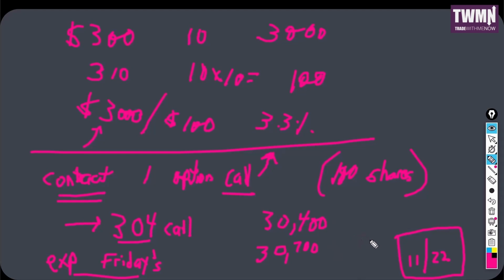But in most cases, most retail investors like me and you, we don't do that. What do we do? What we do is we flip it. And you all are familiar with flipping contracts. So it's pretty simple. If I buy a 304 call options contract, one single contract, and it costs me, let's just say $3.